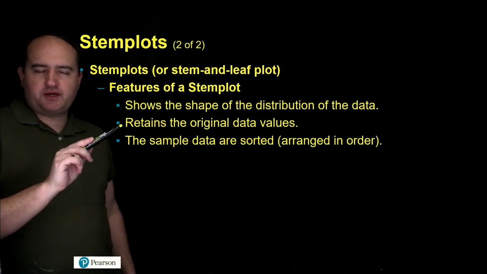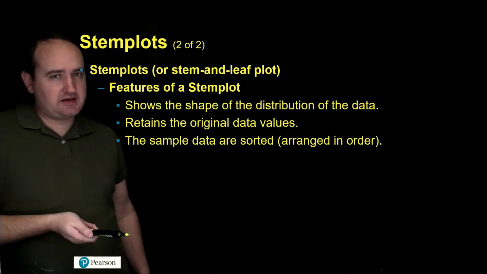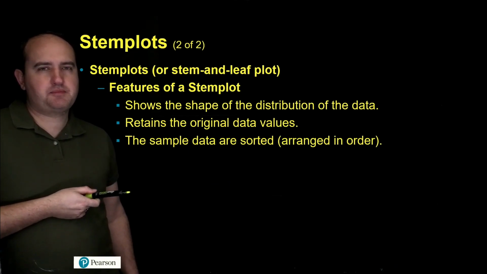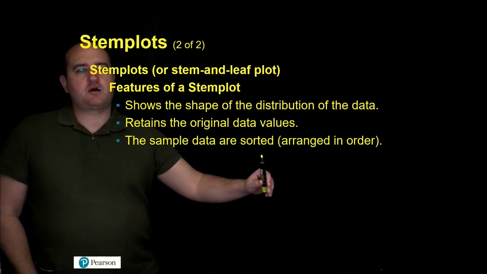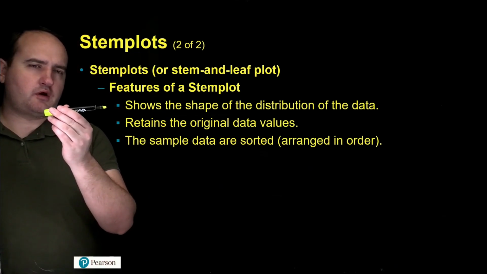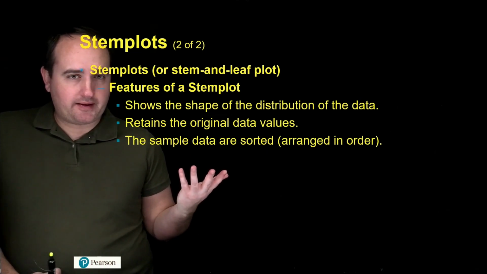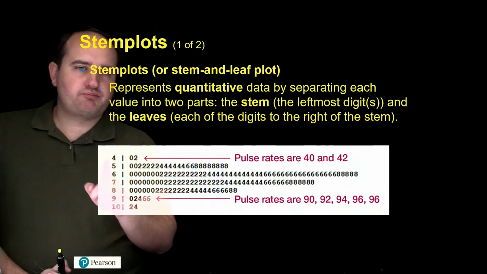I honestly feel it's easier to get the original data values from a stem plot than from a dot plot, but both have that capability. The third feature is that the sample data are sorted, so they're arranged in order. Really, all three of those features are also features of the dot plot that we saw, but it's just nice to have a different way of displaying the same data.